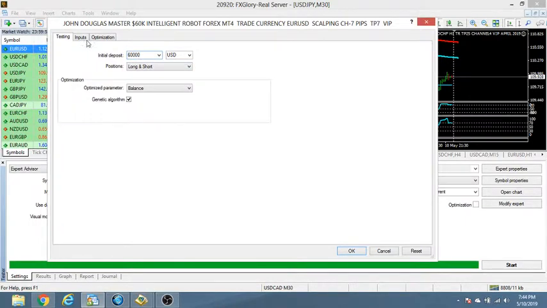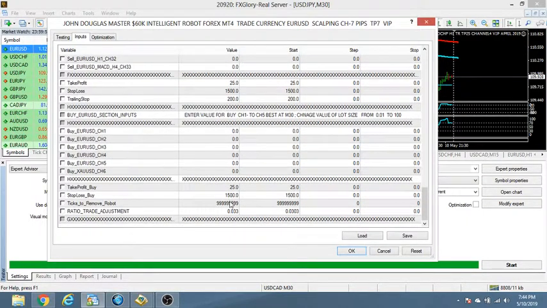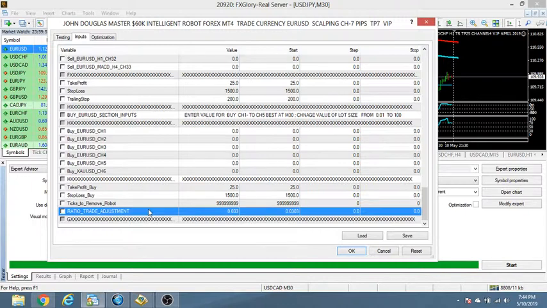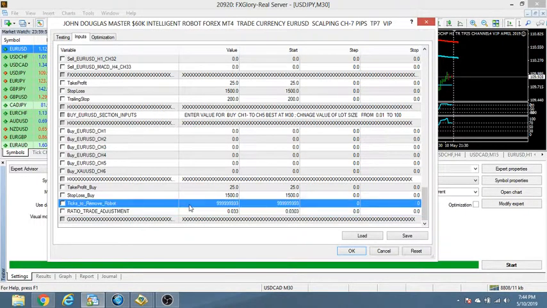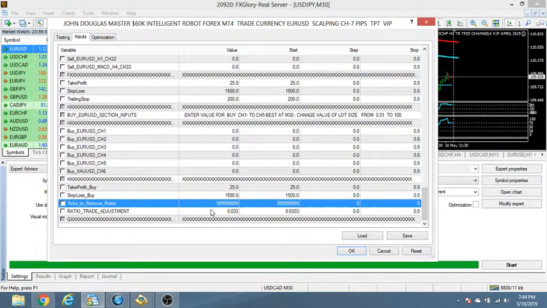Divide by this number here, that is the initial deposit. Take that fraction and put it into this space right here, the ratio trade adjustment. That's what it means. If you enter it wrong here, everything fails.